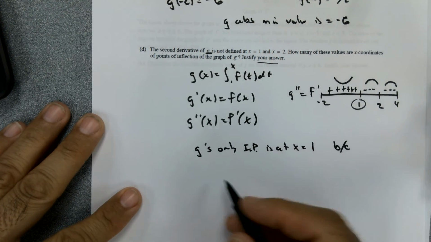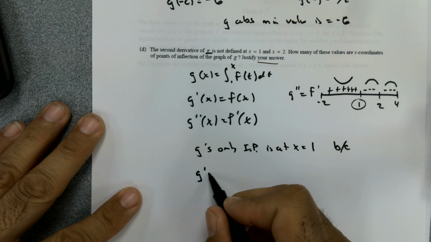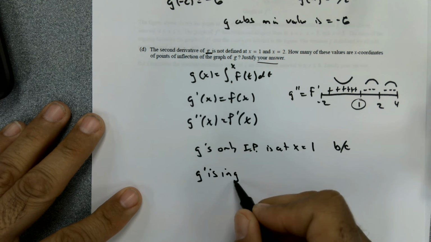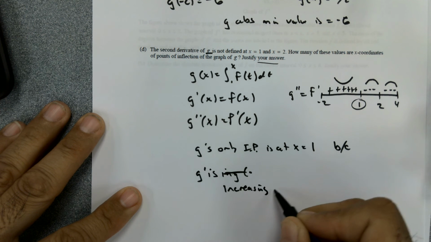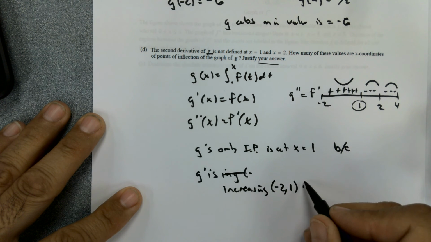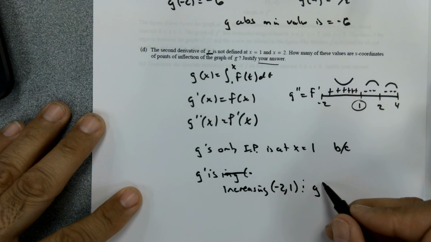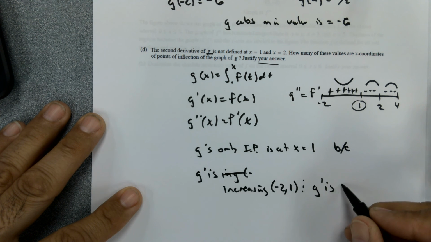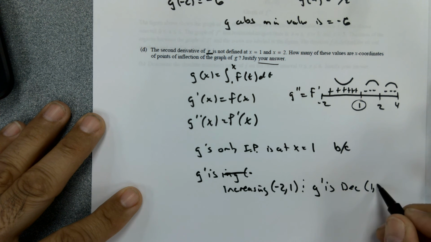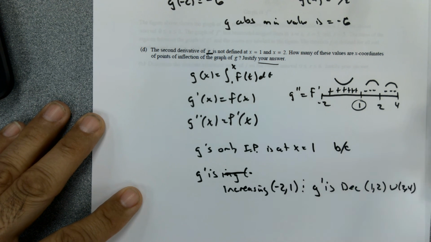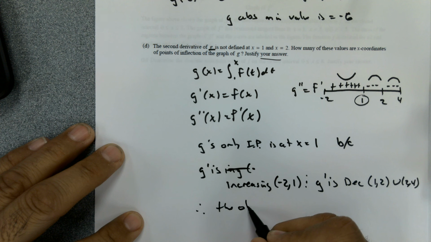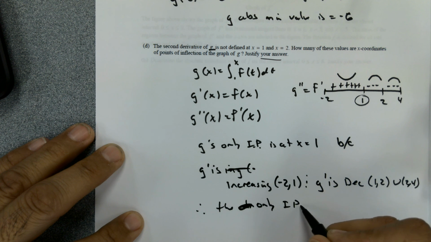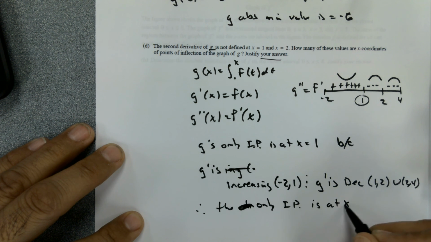You're going to say because g prime is increasing from negative 2 to 1, and g prime is decreasing from 1 to 2 union 2 to 4. Therefore, the only inflection point is at x equals 1.